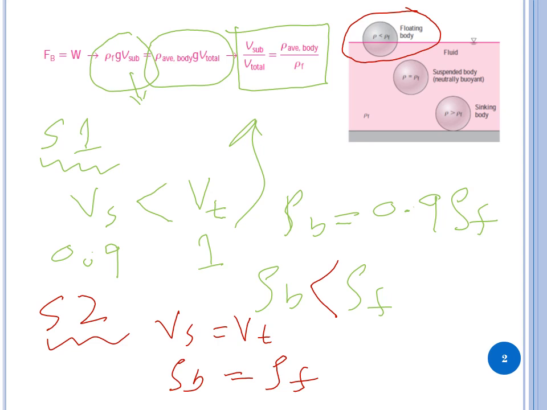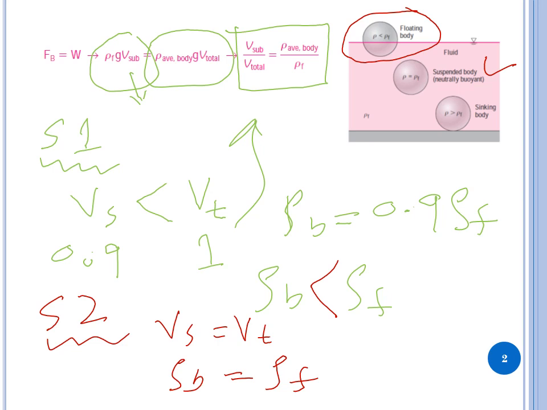So when the density of the body is equal to the density of the fluid, the submerged volume is going to be equal to total volume, or in other words, the body will be completely submerged in the fluid but suspended. It will not sink.